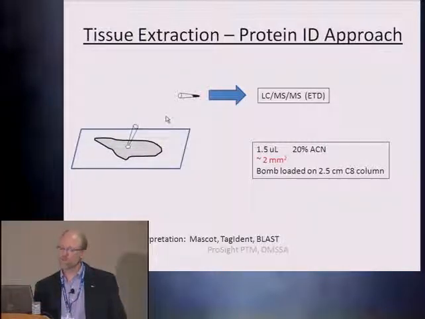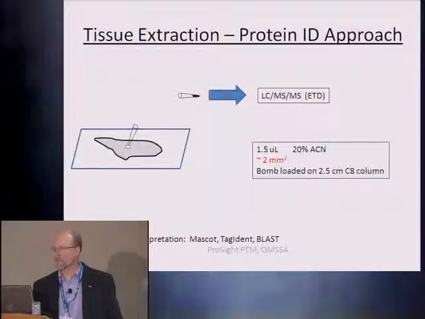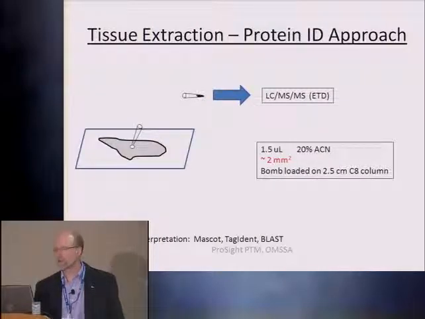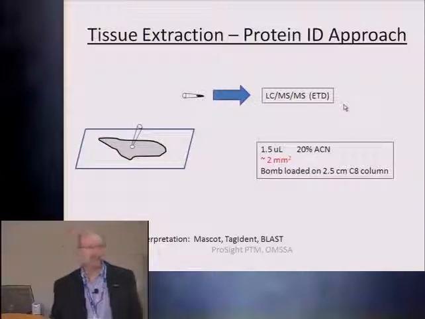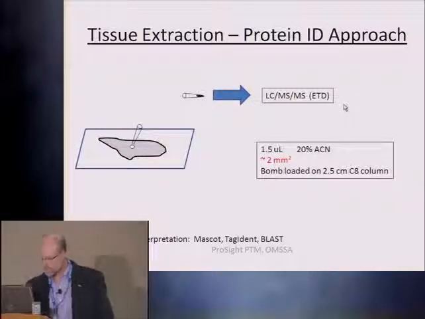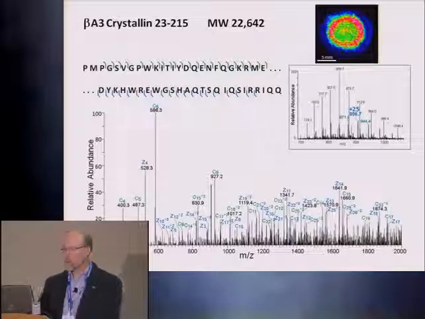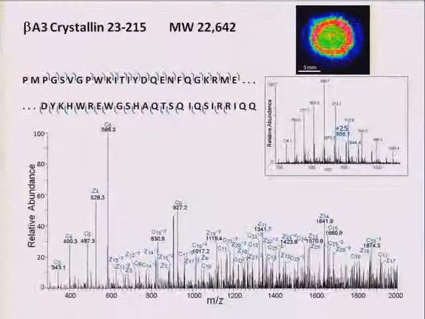We then take this extract and bomb load it directly onto a C4 LC column or a C8 HPLC capillary column, and gradient elute the proteins into a tandem mass spectrometer where we use electron transfer dissociation to fragment the intact proteins. So we're able to get really beautiful fragmentation.